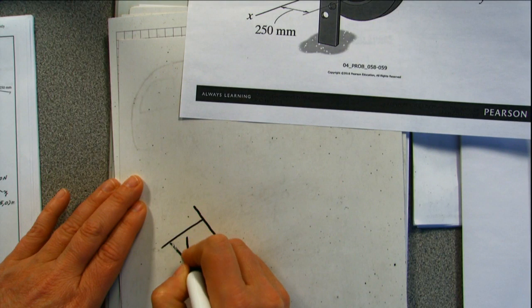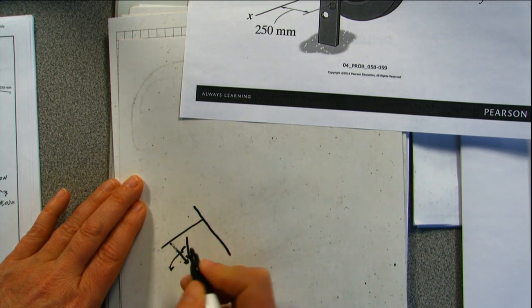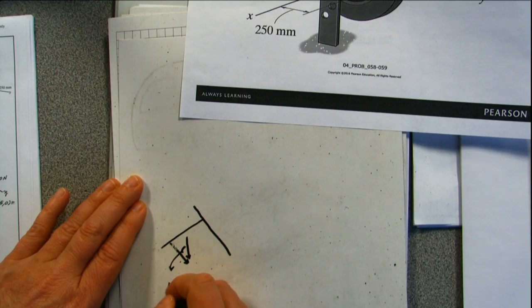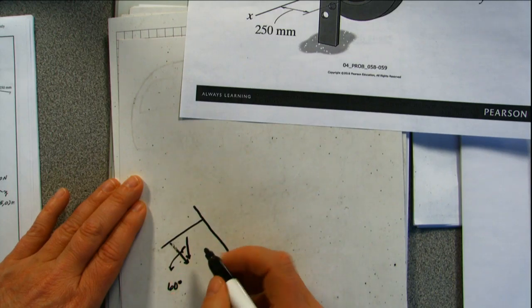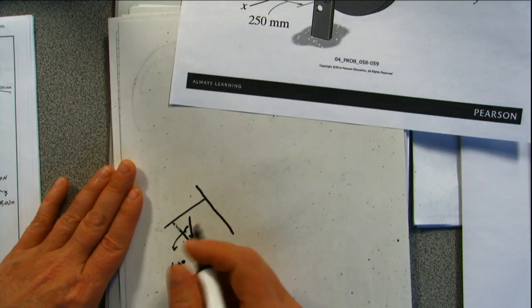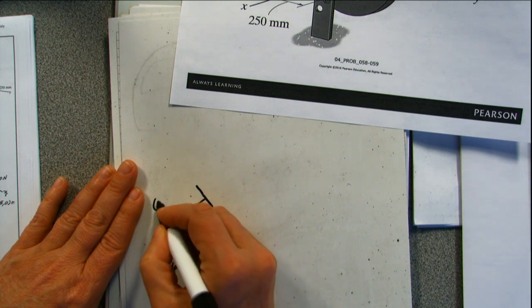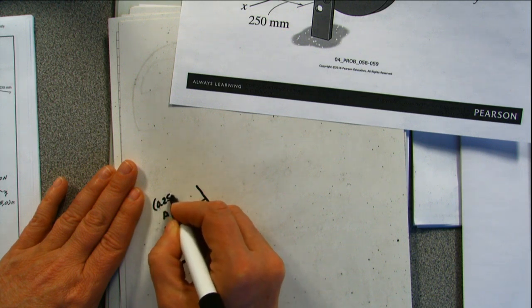It's a 60-degree force, so I've got my force being applied, and we know that that's 60 degrees. This point right here is point A, and that point is at 0.25, 0, 0.